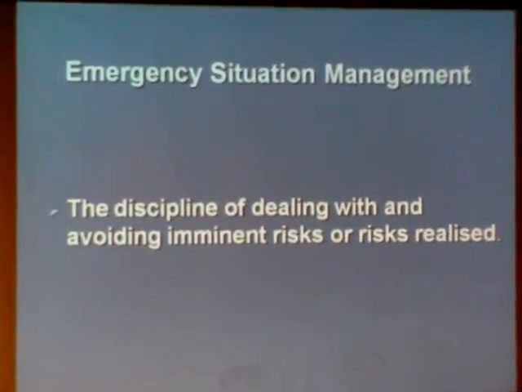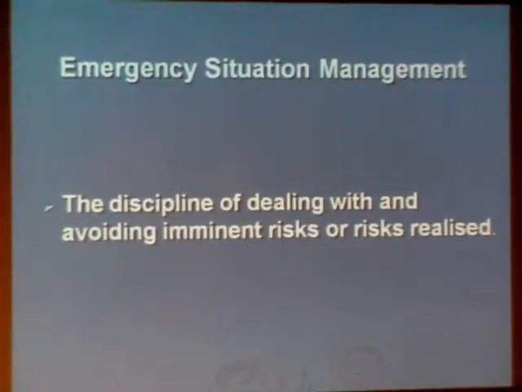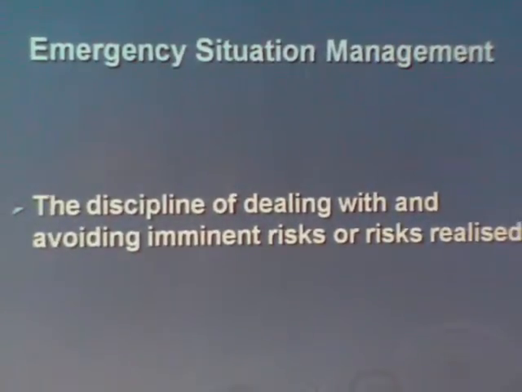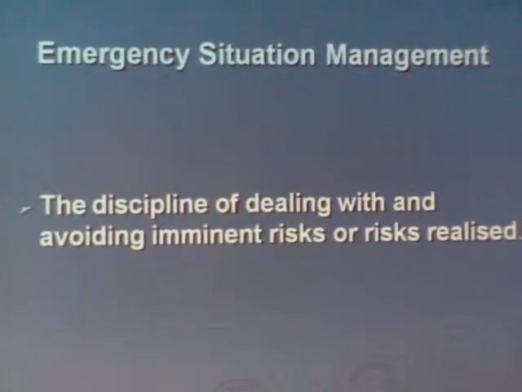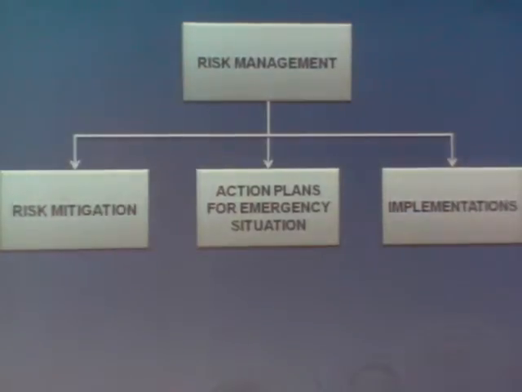The discipline also involves the preparation for emergency situations before they occur as a part of risk management. Risk management is a continuous and developing process which runs throughout the strategy and involves 3 phases: risk mitigation, action plans for emergency situations, and implementations. I am going to talk about risk management first to clarify emergency situation management.